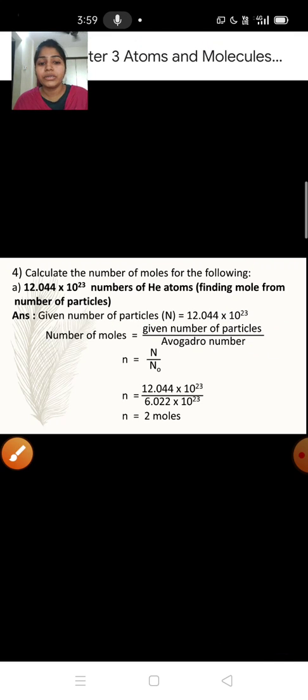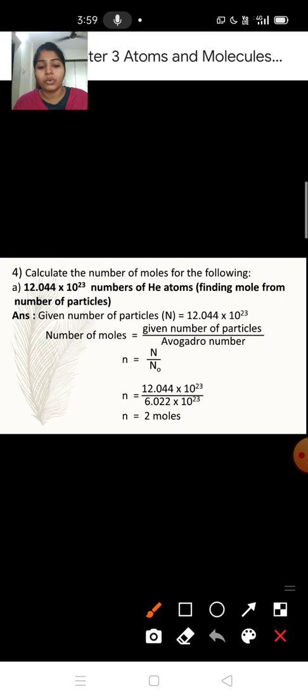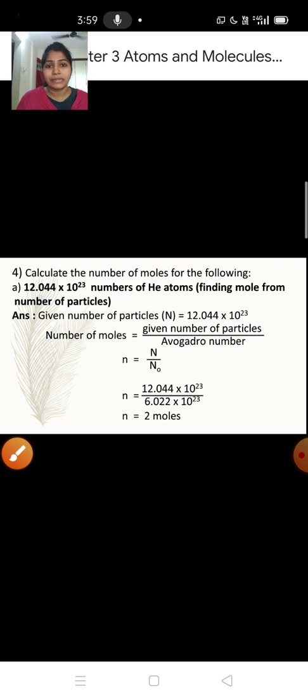So substitute: 12.044 into 10 raised to 23 divided by 6.022 into 10 raised to 23. So over here what we can do? We can cancel 10 raised to 23, 10 raised to 23 and then divide. So when you divide, you get the answer as 2 moles.